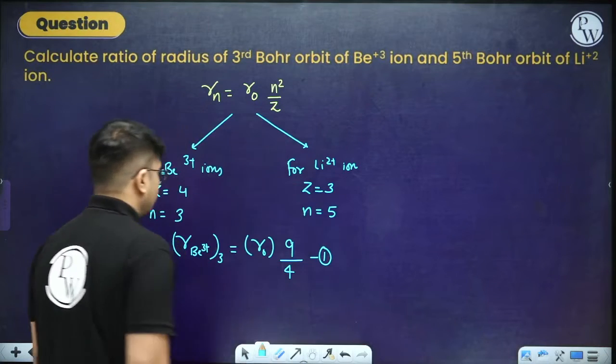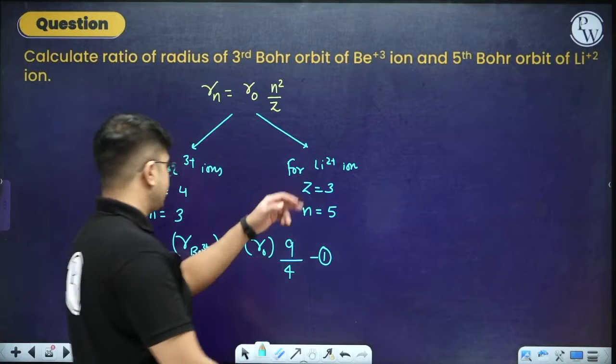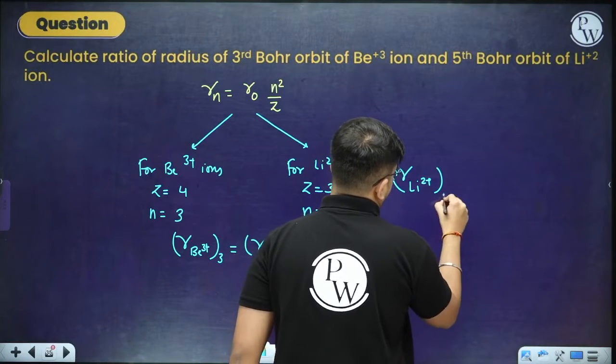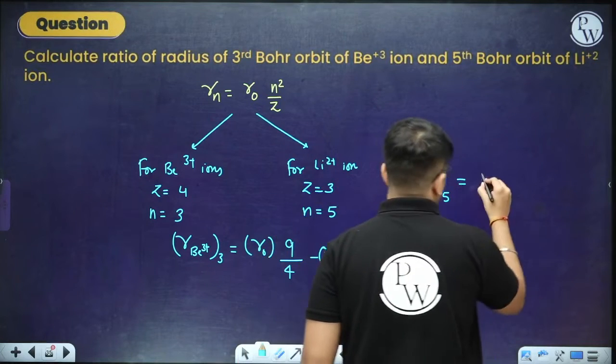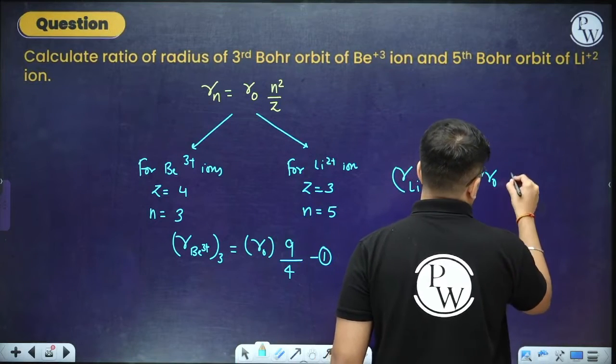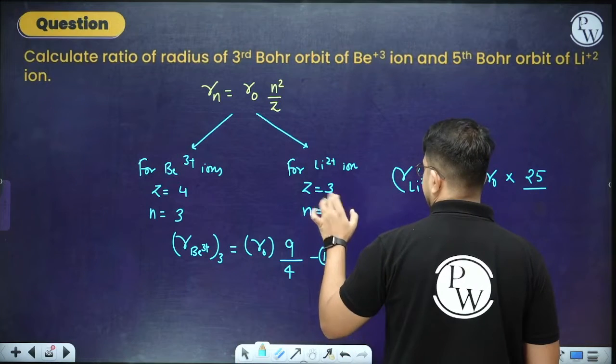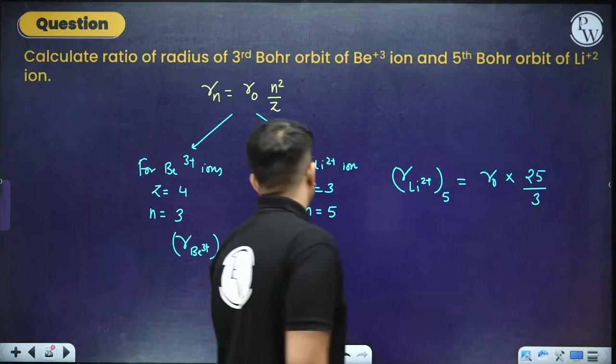This is the first value. For lithium 2 positive, the fifth orbit, that will be R naught, n square will be 25 divided by Z, which is 3 in this case.